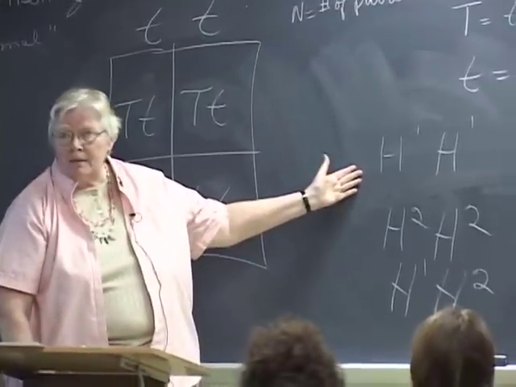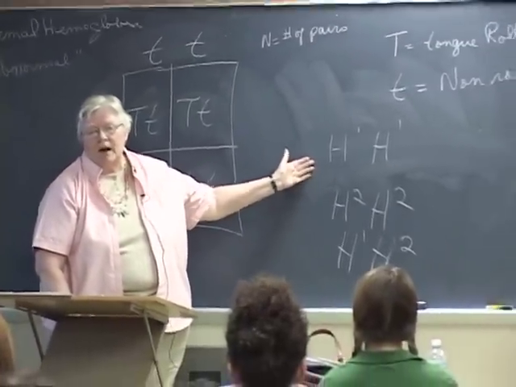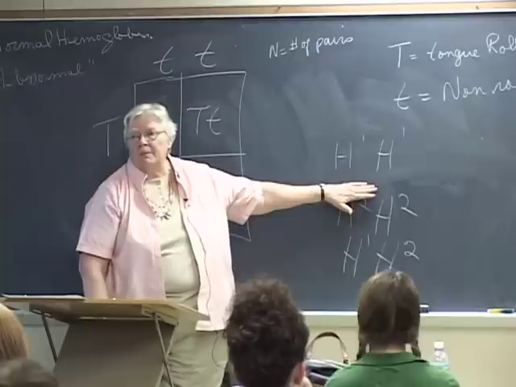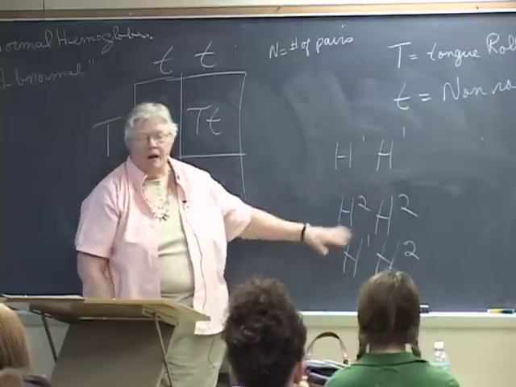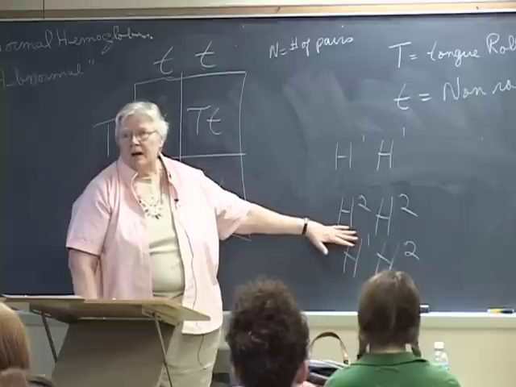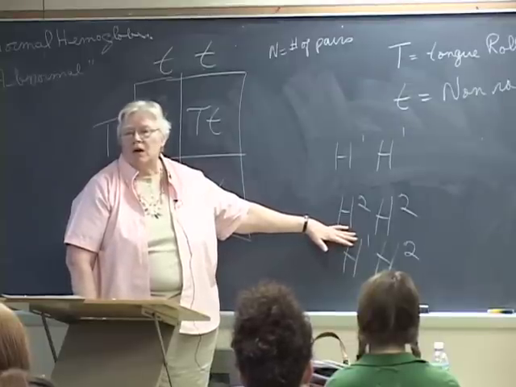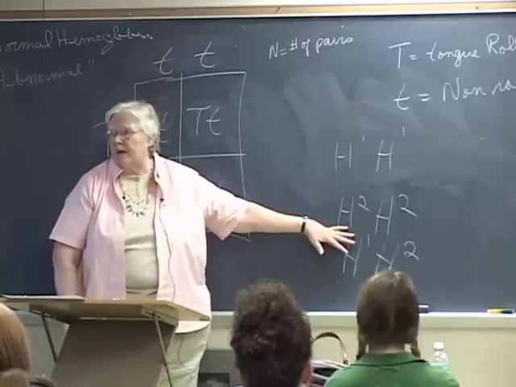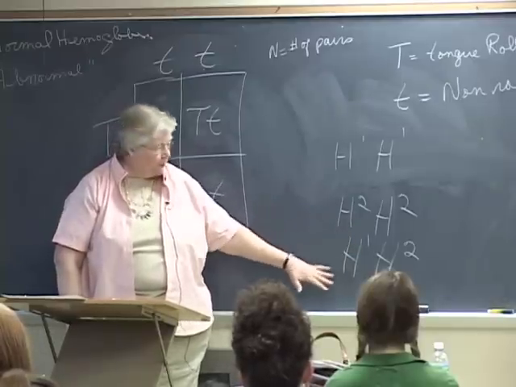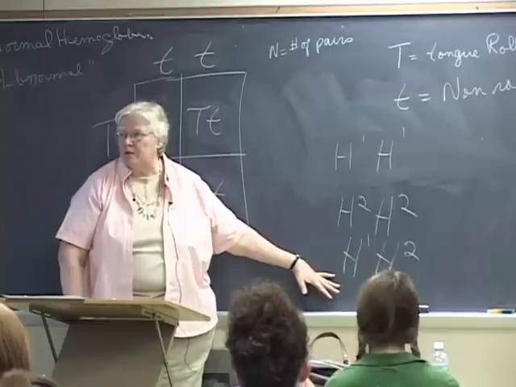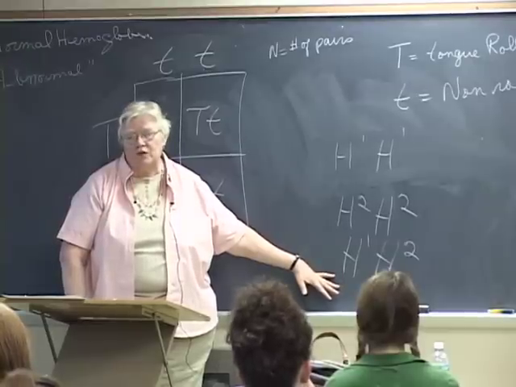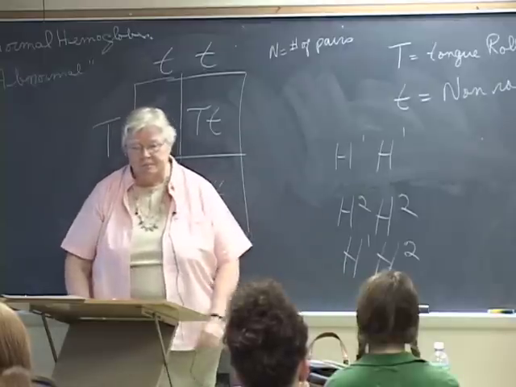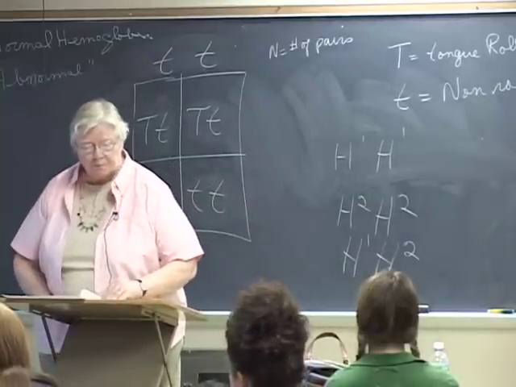The H1 is the gene for having straight hair. So if this is your genotype, straight hair. The H2 is the gene for having curly hair. So if this is your genetic makeup, you have curly hair. So have you figured out that if you have one of each, this is an incomplete dominance situation, you're going to have wavy hair?